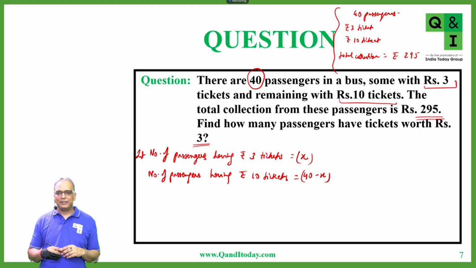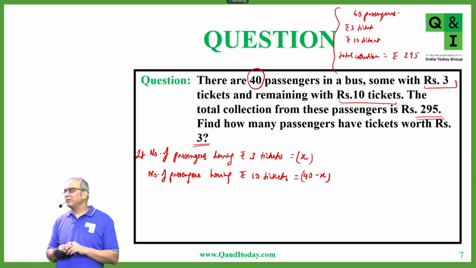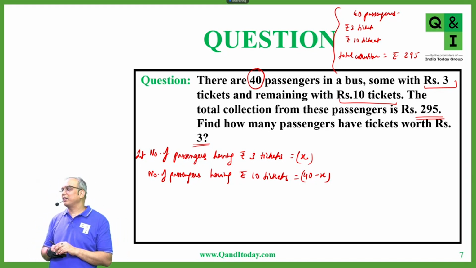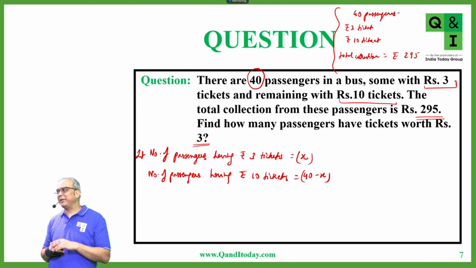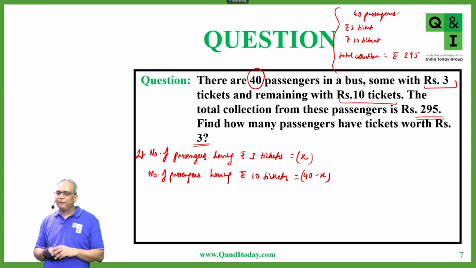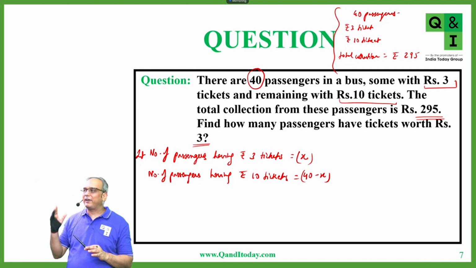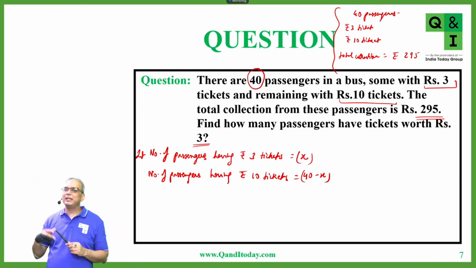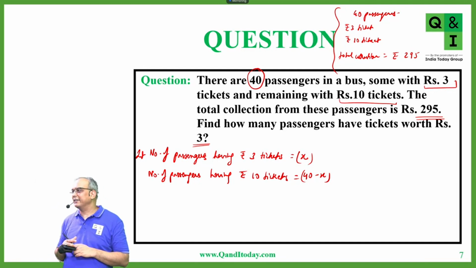For example, if you are traveling in a metro, or going to an amusement park. Say there are two types of ticket, one 300 rupee ticket and one 500 rupee ticket. The 300 rupee ticket is for limited rides and the 500 rupee ticket is for unlimited rides.